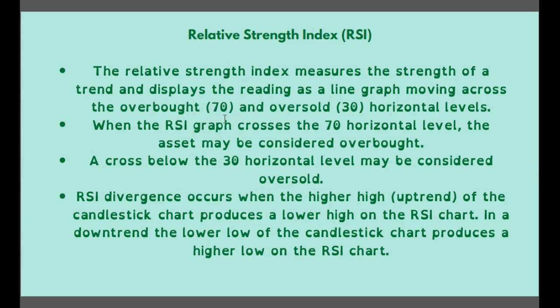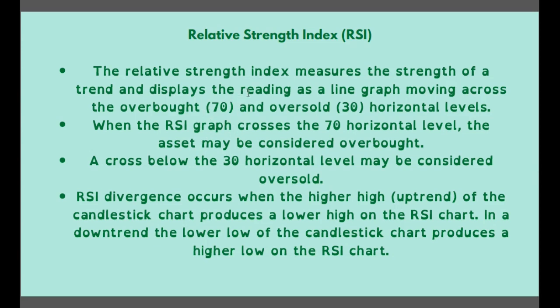You cannot generalize the level and say the 70 is an outright overbought or the 30 is an outright oversold. Most of the time 70 is overbought and 30 is oversold. But in some cases, the asset will not reverse until it hits the 100 level.